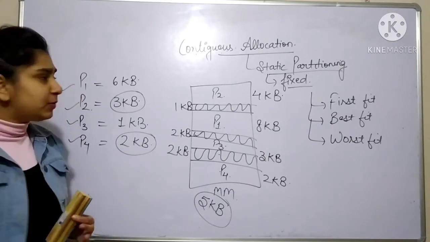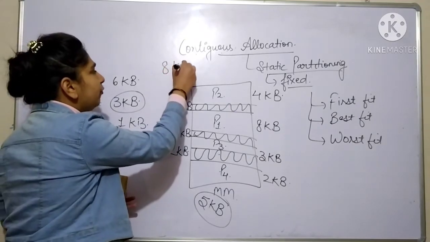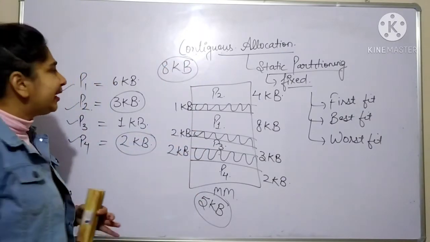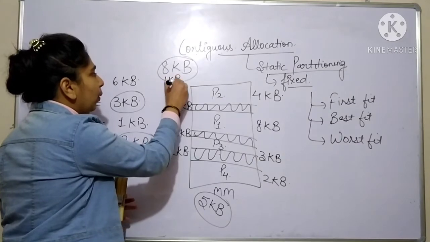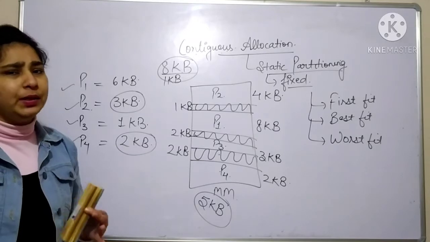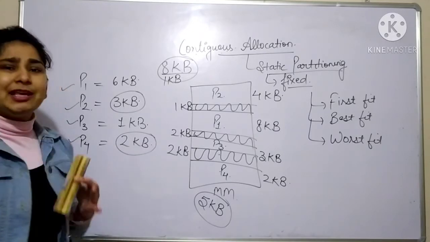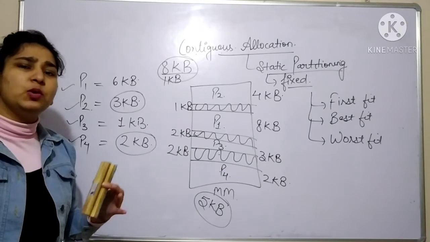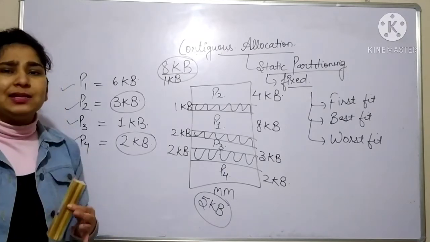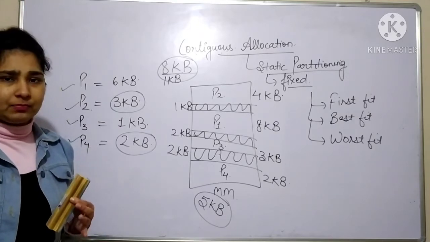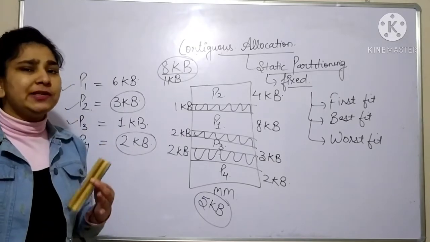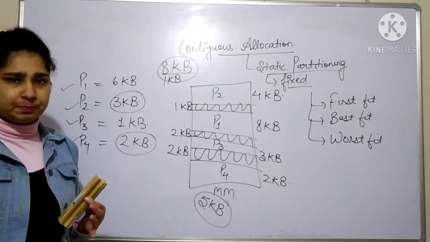Let's suppose you have a partition of 8 KB and you are storing a 1 KB process in it. Obviously this is not a good decision. Your 7 KB of main memory space is going to be wasted. You cannot store multiple processes in one partition, so we have to choose wisely which partition is best for which process.